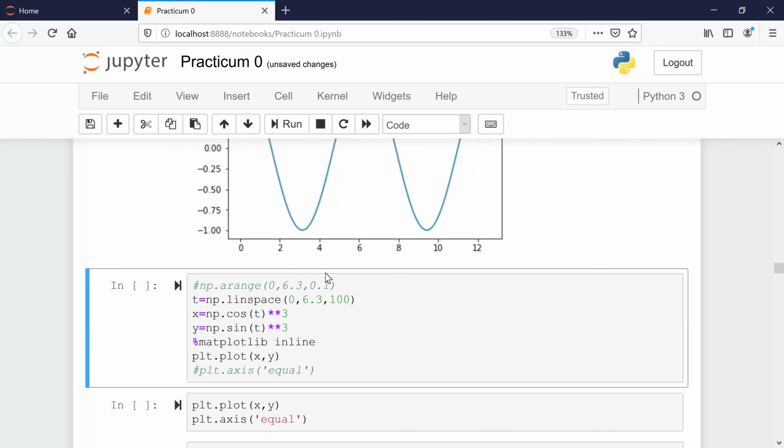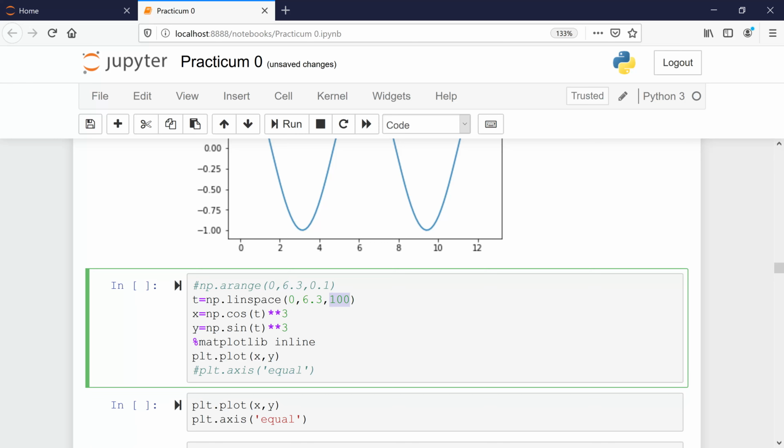Okay, here let us try something more. Let us try to plot a parametric curve given by cosine cube, sine cube. Here I took t between 0 and 2 pi, and I divided into 100 equal parts.